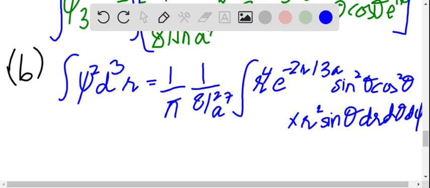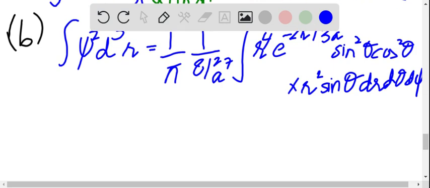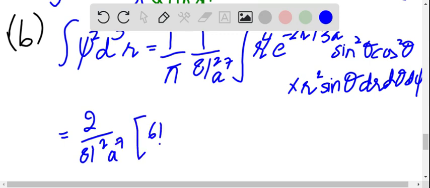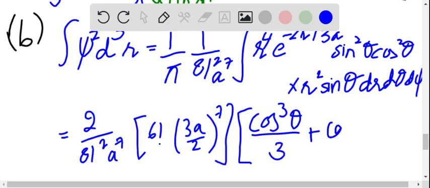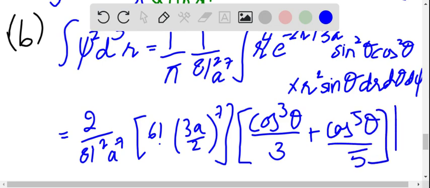d phi, right? So then you will do integration one by one and you will get that it is equal to 2 divided by 81 square a raised to power 7, 6, 3a divided by 2 raised to power 7, cos cube theta divided by 3 plus cos raised to power 5 theta divided by 5, from 0 to pi, right?